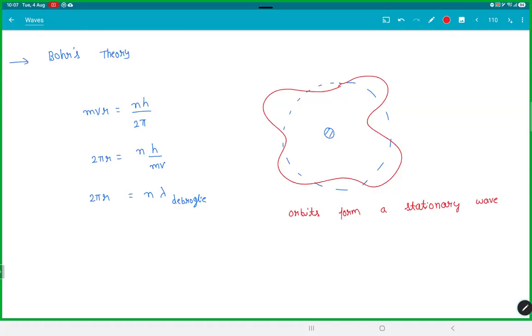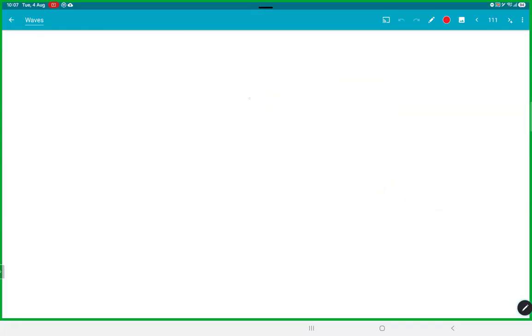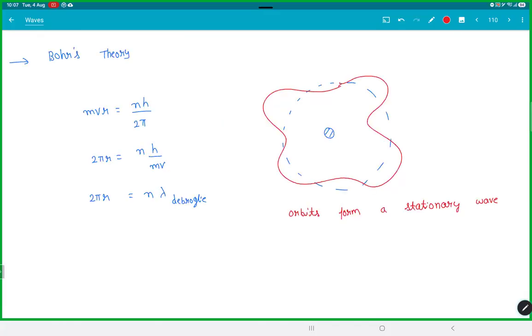So the reasoning is this. These special orbits are actually forming a stationary wave, and energy in a stationary wave is constant. That's why the electrons cannot go in whatever orbit they want. They have to go in a specific orbit. They're actually forming stationary waves. So think of it like this. It is a sonometer. Instead of a straight string, it is a sonometer which is a circle. The fixed end is here. It's a closed loop. You are getting stationary waves inside it.